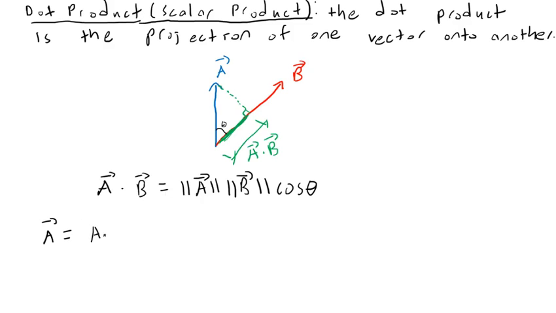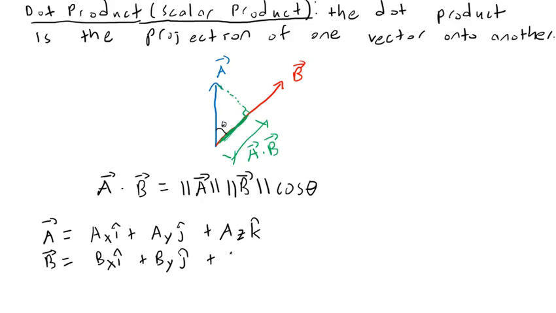If vector A has components AX i plus AY j plus AZ k, and B has components BX i plus BY j plus BZ k, A dot B is simply equal to AX times BX plus AY times BY plus AZ times BZ.